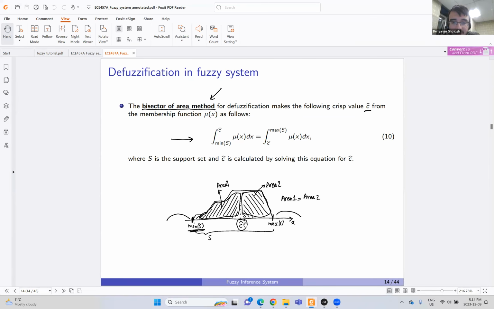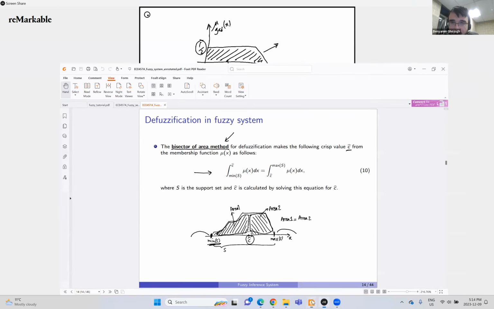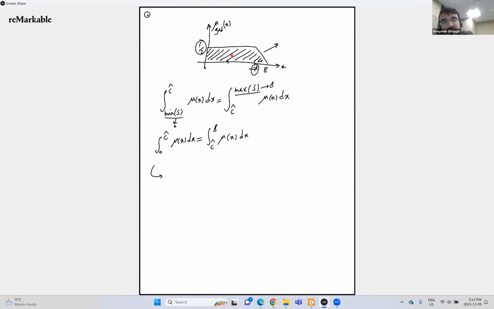It's basically saying that I want the area under the membership function before c hat to be equal to the area under the membership function after c hat, right? So basically it should be in the middle. So in this case my c hat will be less than 7, obviously. As a result, I can simplify to 0 to c hat, and my mu x, around here, is half.